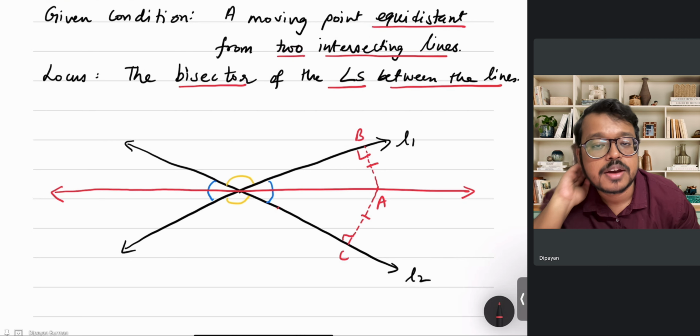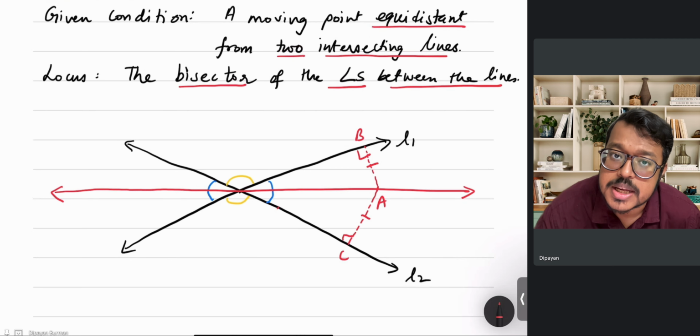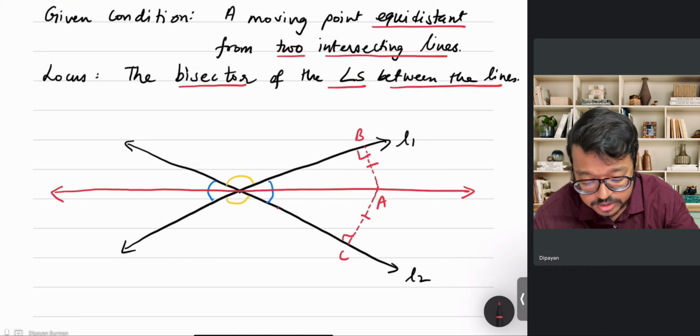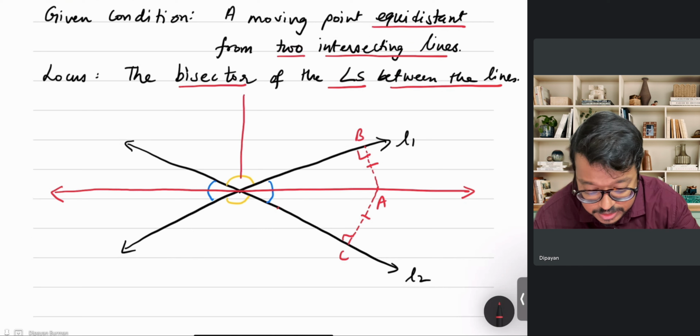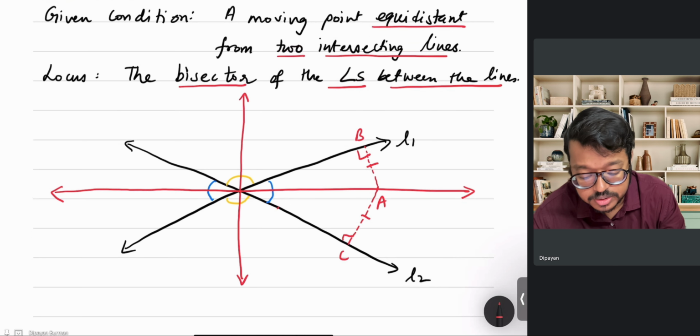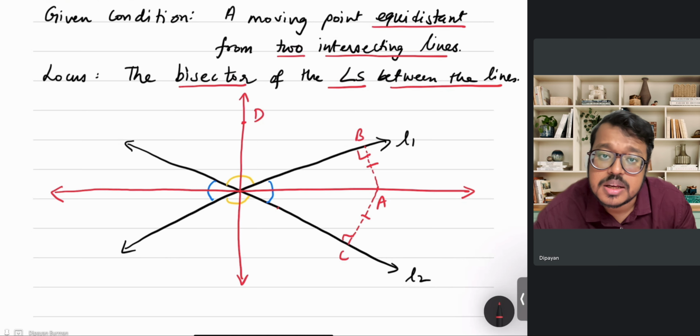Now I also have another pair of vertically opposite angles, the yellow colored angles. If I draw the bisector of those angles, I will get another straight line. And if I select any point on this line, let's say this point D, again D is going to be equidistant from L1 and L2.